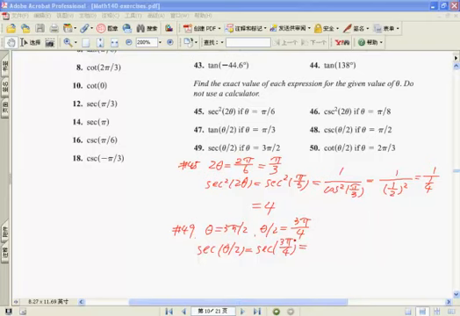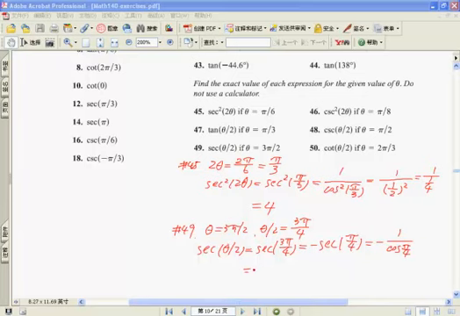We know the reference angle of 3 pi over 4 is pi over 4, and 3 pi over 4 is in quadrant 2. In quadrant 2, both the secant and the cosine are negative. So this is equal to negative secant of pi over 4, which is negative 1 over cosine of pi over 4.